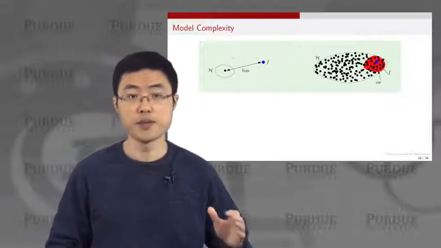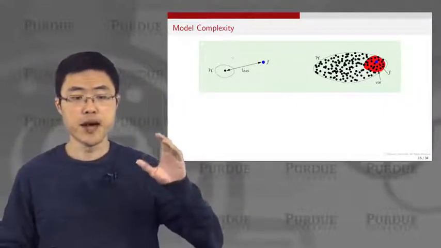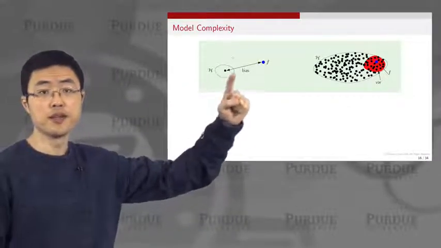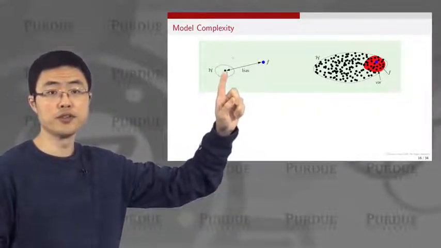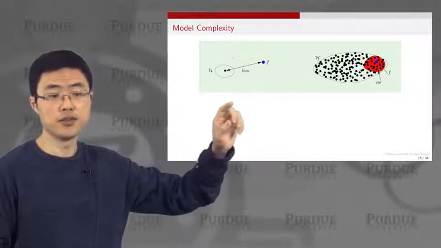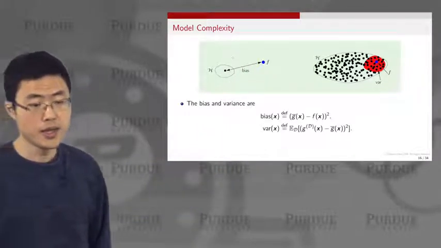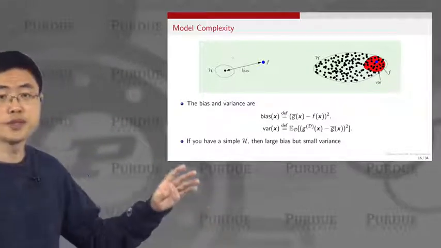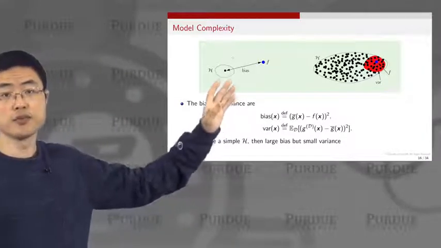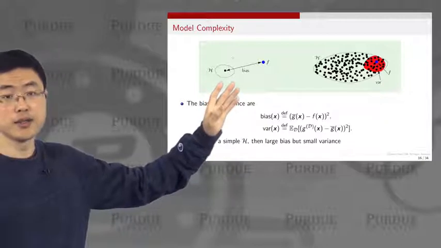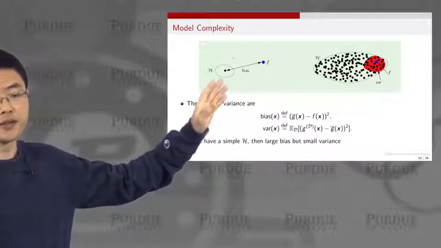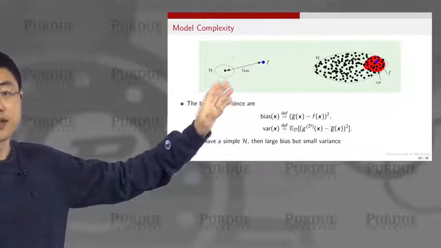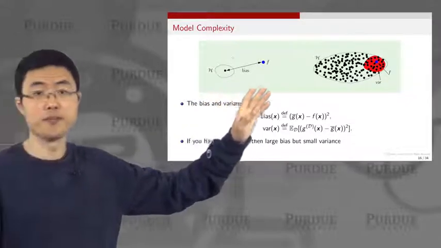As I described before, the bias is measuring from the center in this diagram to the target function over here, and then you have a hypothesis set. The bias and variance are defined in this way. Now, if you have an extremely simple H, like the case that I'm showing you here, with a small h inside, then the variance will be very, very small.